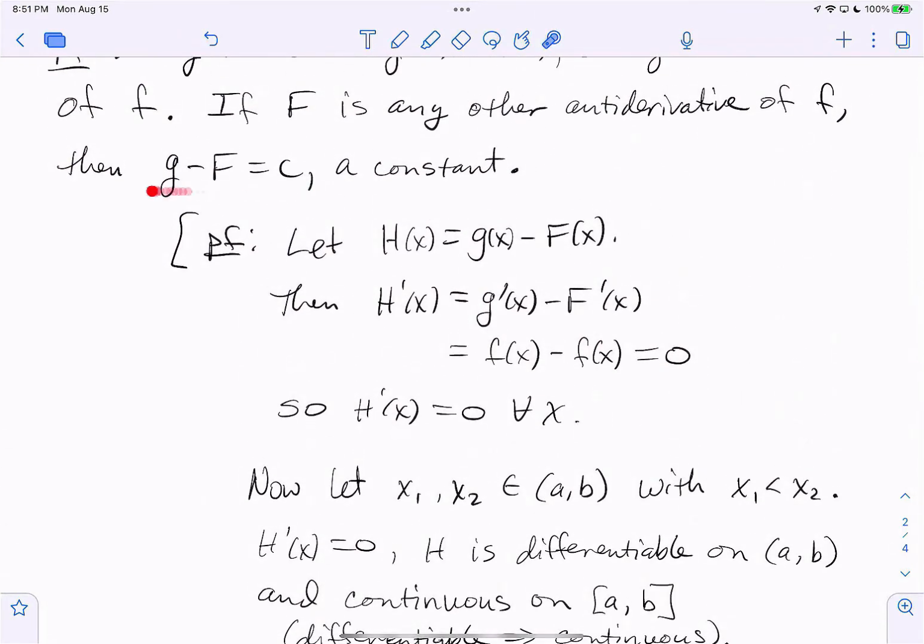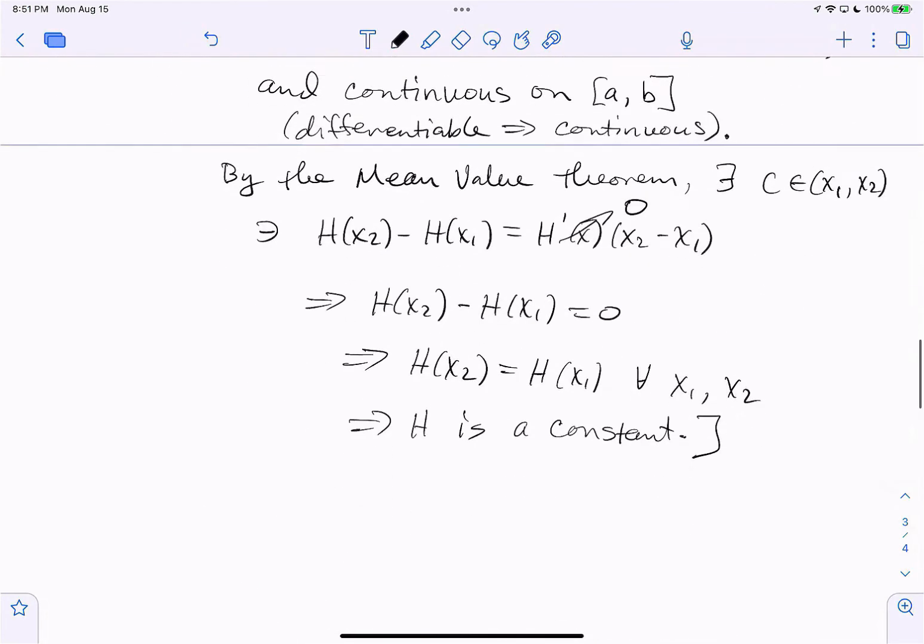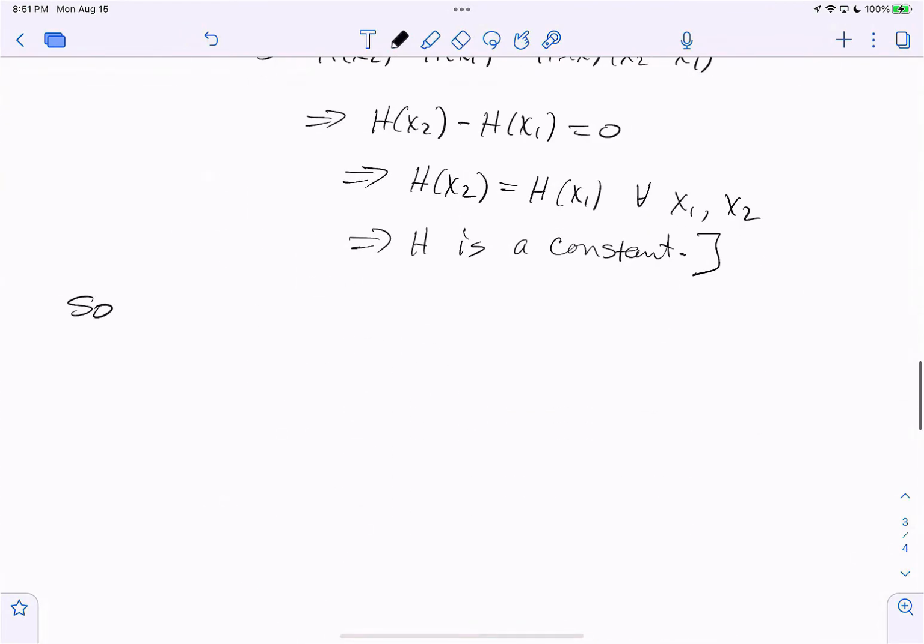We're at this point now. If g minus F is equal to a constant, then we can say that g of x is equal to F of x plus c.